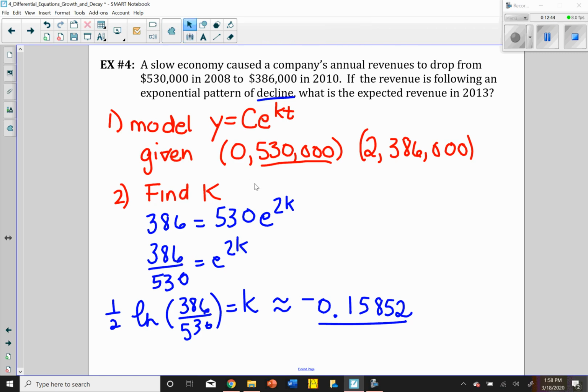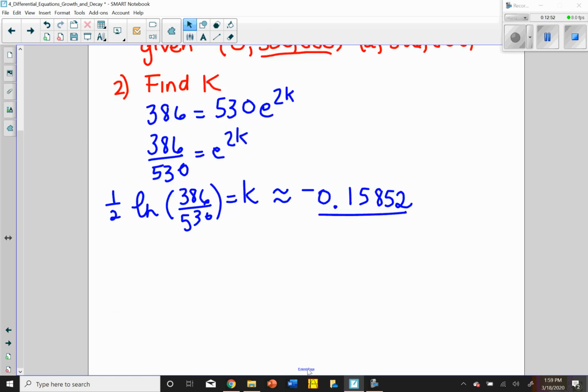And next we want to answer the question, what's the expected revenue in 2013? So 2013 would be 5 years later. Basically, they're asking us to find when t is 5, what's the y value?